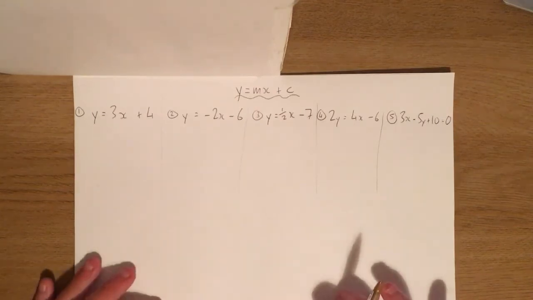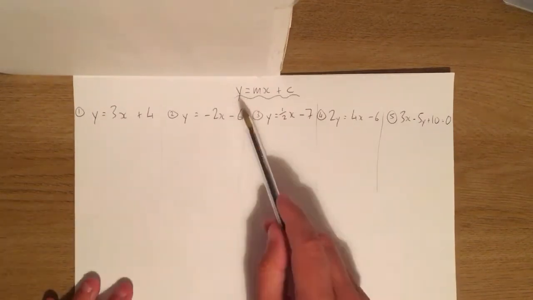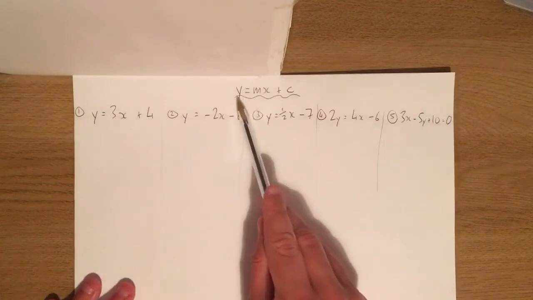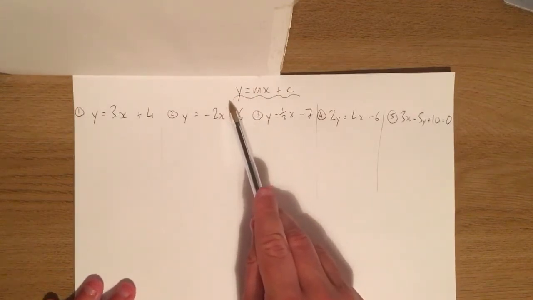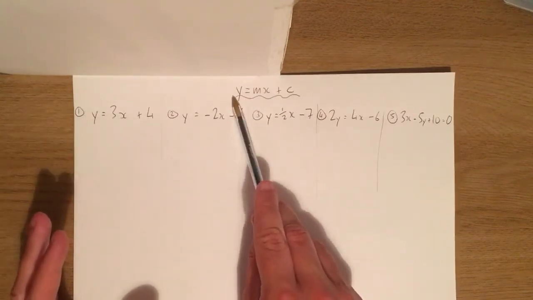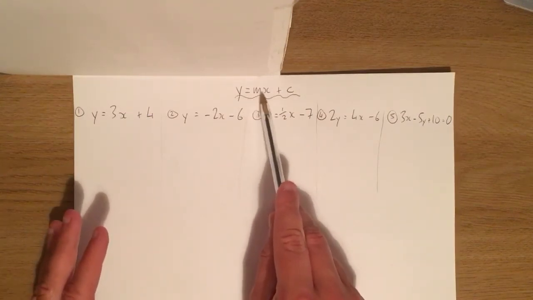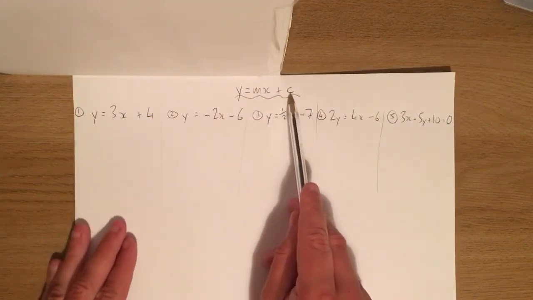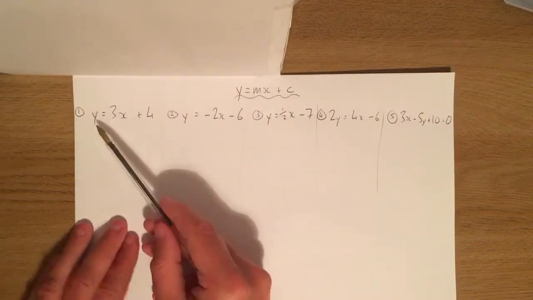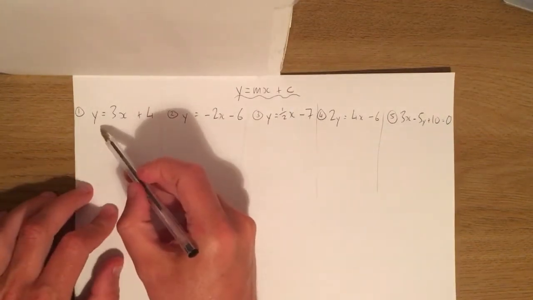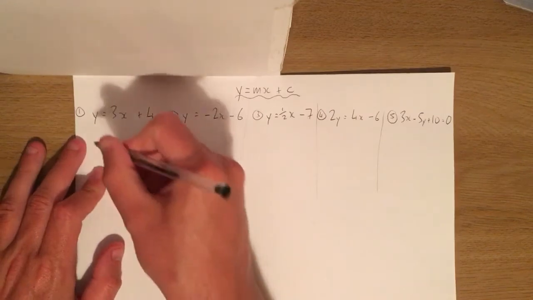Okay, what is important is the equation of the line looks like this. So you've got y on its own on the left hand side, no number in front of it, equals some number x plus some number. Okay, so if we look at this one here, y is equal to 3x plus 4.